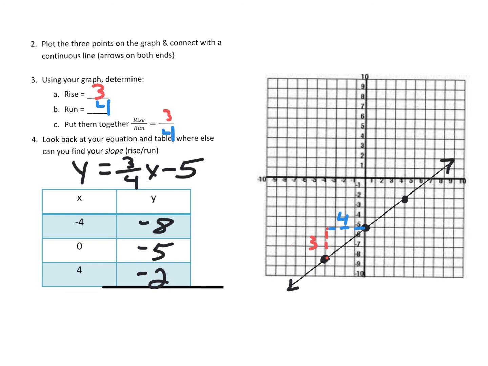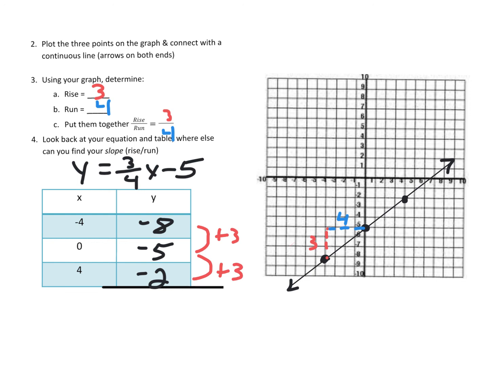Now, if you look at the table, where else can you find the slope? Well, you will notice that when we go from -8 to -5, we are adding 3. And we go from -5 to -2, we are adding 3.